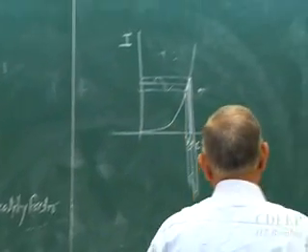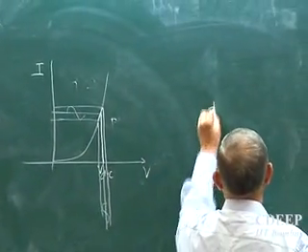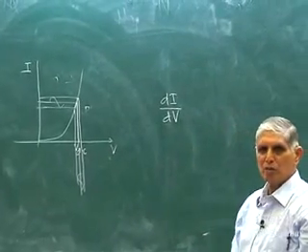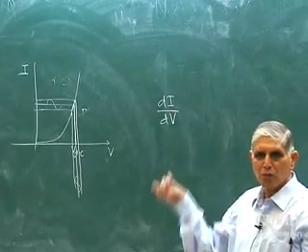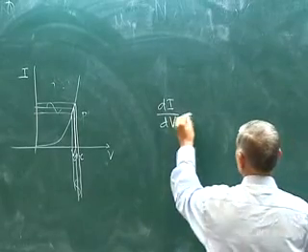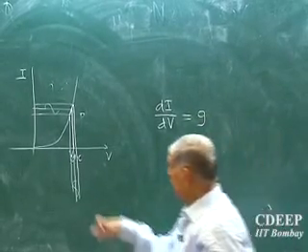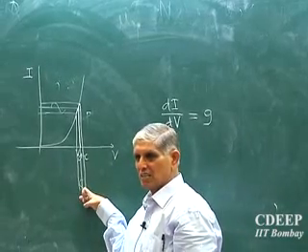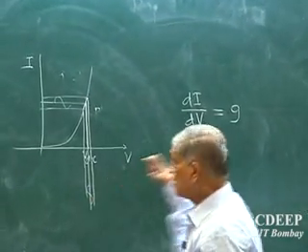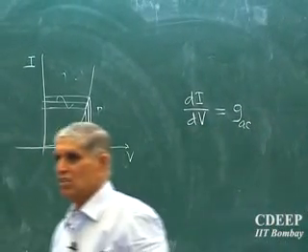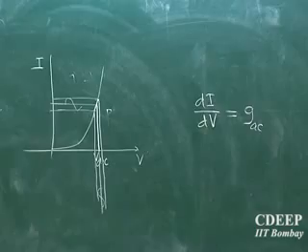And if I take the slope of that line, di by dV, what will this di by dV be? 1 upon resistance, or conductance, G. So if I apply a small AC signal, the resistance which I am actually getting is the AC conductance. Is that correct?